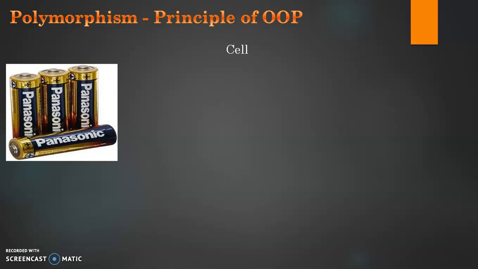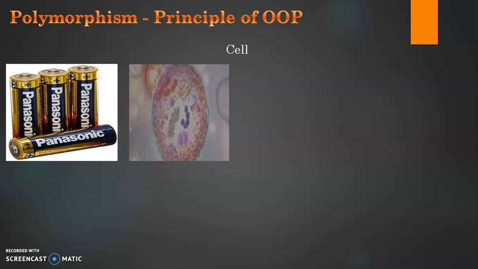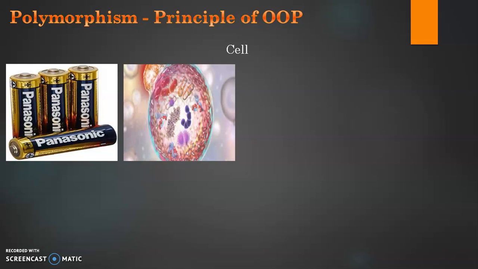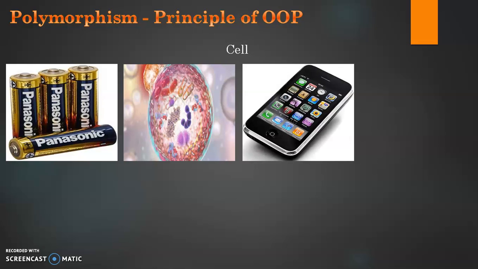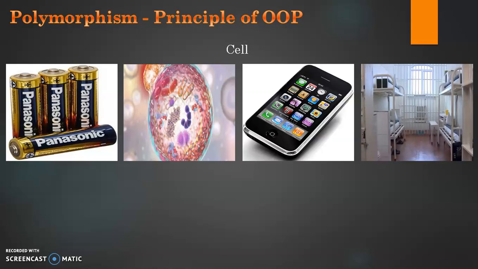The term cell in physics refers to a device which supplies current in electrical circuits. In biology, it is the fundamental structural and functional part of a living being. The same term refers to a portable telephone, and also to a room in a prison in which a prisoner is locked. So a single term is used for multiple purposes with different meanings.